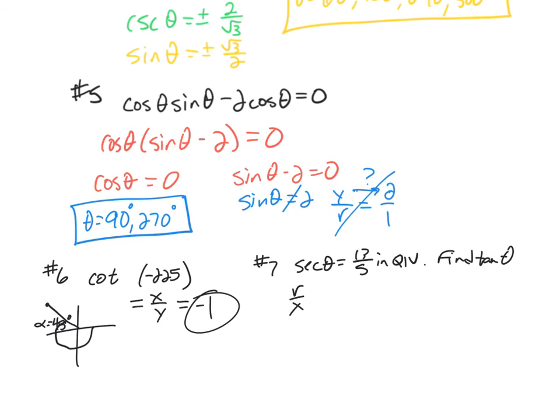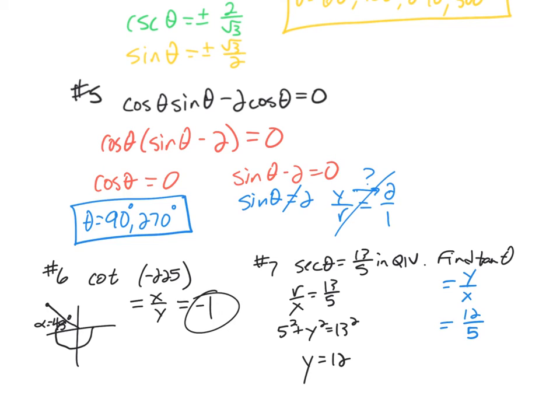So r over x equals 13 over 5, which means we could solve for y by doing 5 squared plus y squared equals 13 squared. And y is going to come out to 12 if you solve that. So we have a y value of 12, and tangent is y over x. So y 12, x 5.